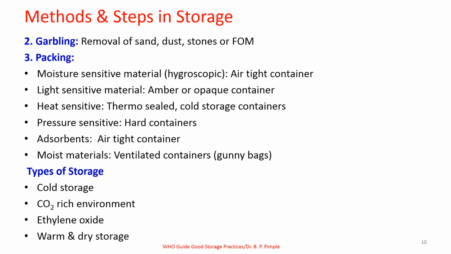Even certain crude drugs require warm and dry storage, as is the case with mango, wherein if you store unripe mangoes in warm and dry conditions, the ripening process is initiated.